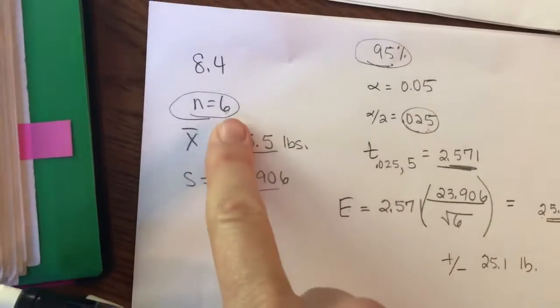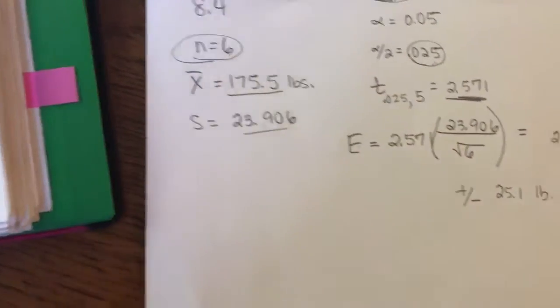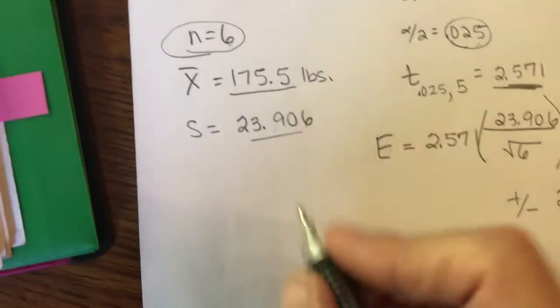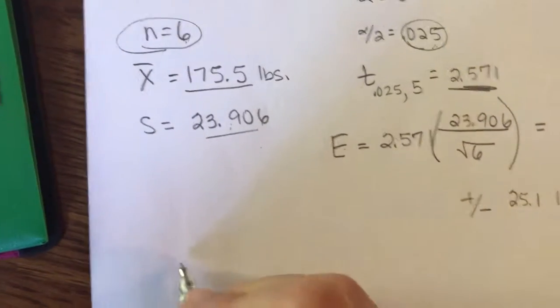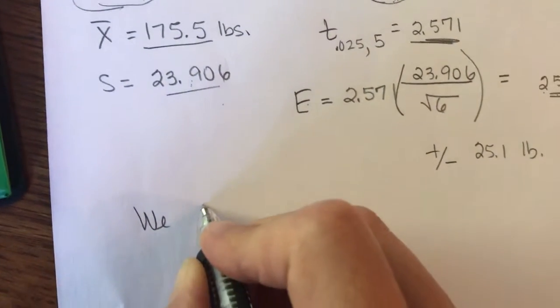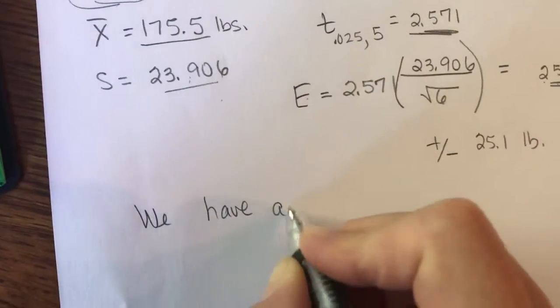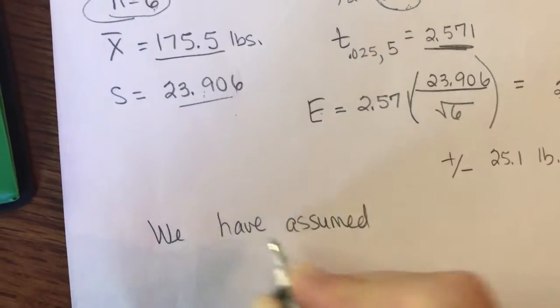Now, since my sample is so small, I also need to make the statement, we have assumed that these are normally distributed, the weights. So you have to say that. We have assumed, and you have to do this if your sample size is small.